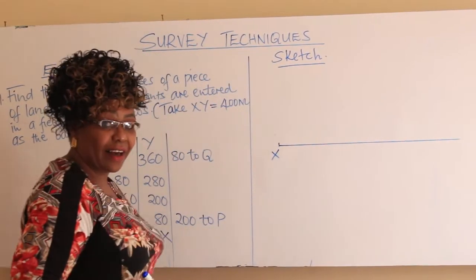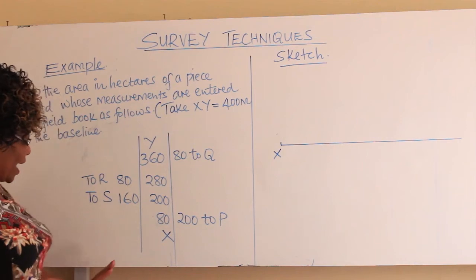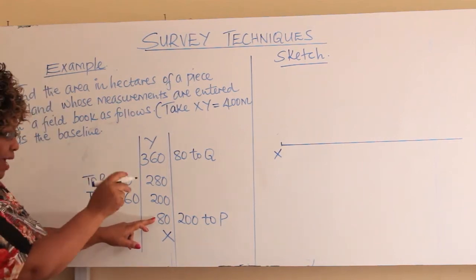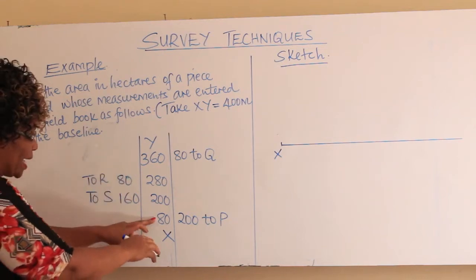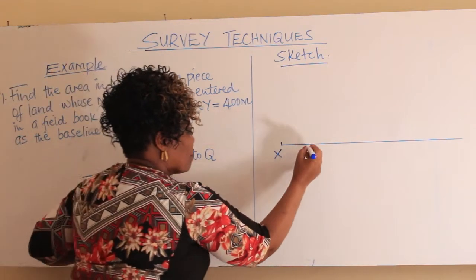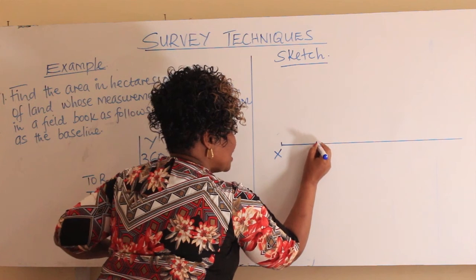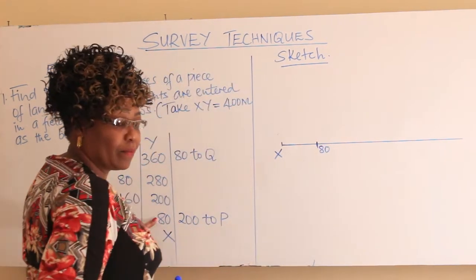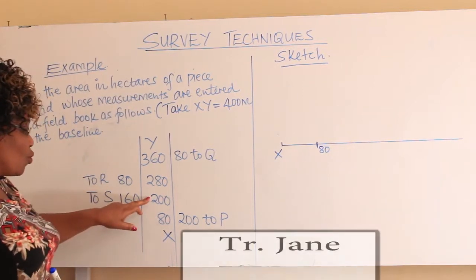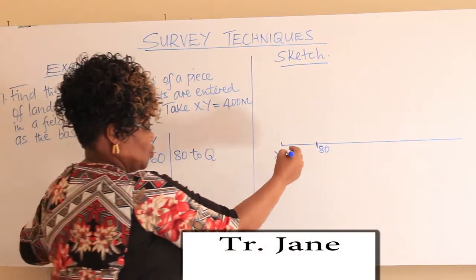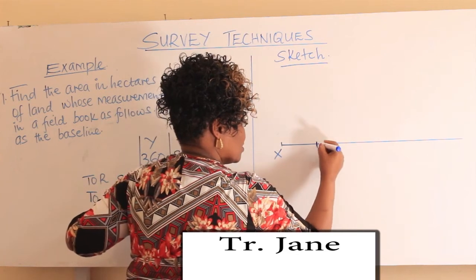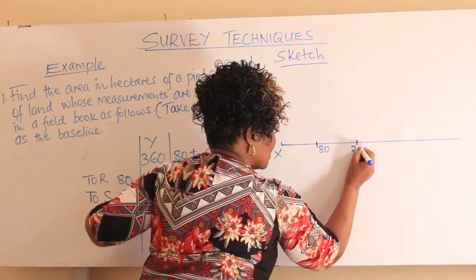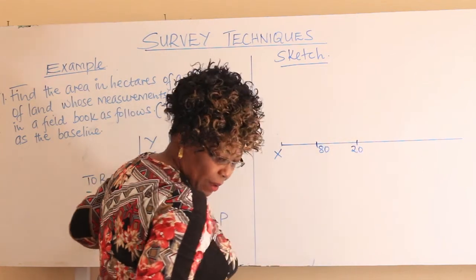Fix your X there. So, learner, from X, you put a mark at 80. You approximate, you say, let this be 80 meters. From there, you fix 200. You just estimate; if this is 80, this is 200, somewhere here.